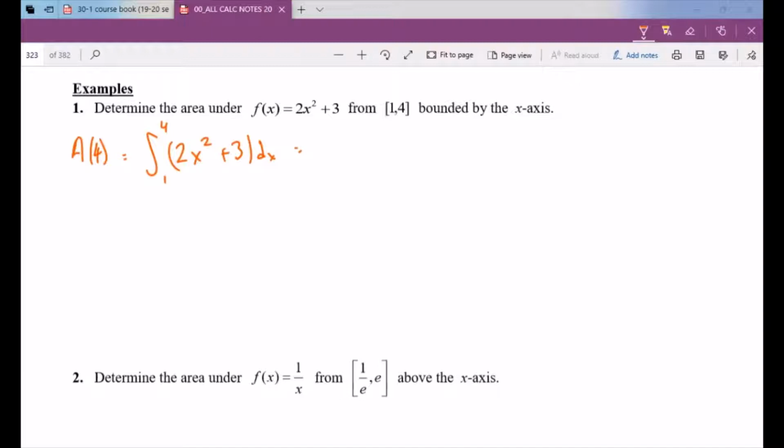This will end up being equal to f at 4 minus f at 1. Right, so what does this look like? Our antiderivative to this is, we have the 2 out in front, add 1 to the exponent and divide by that, and we have 3x. That is our f of x.